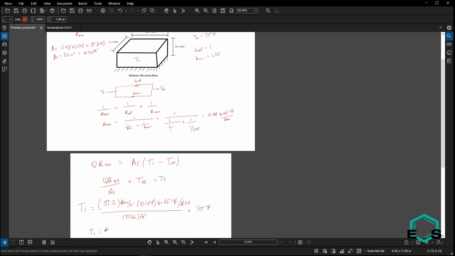So if I put this in my calculator, I get 137.6 degrees F.